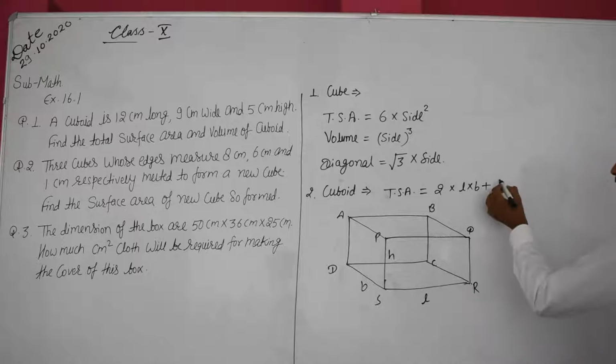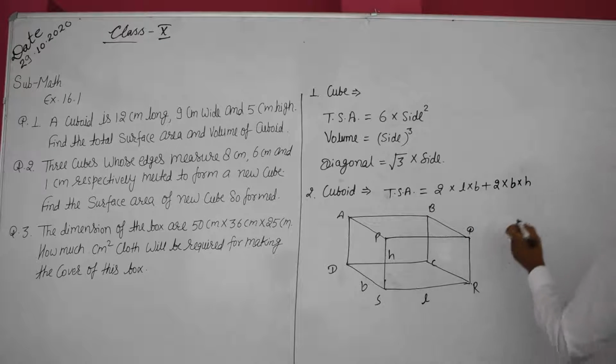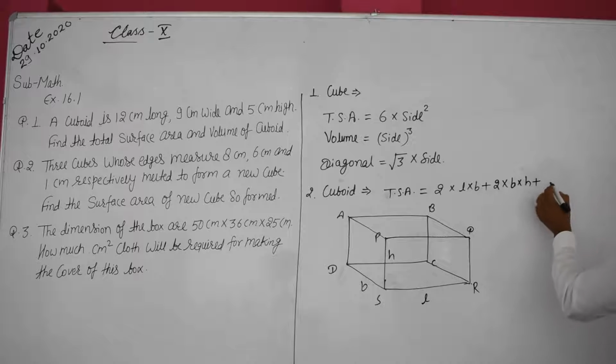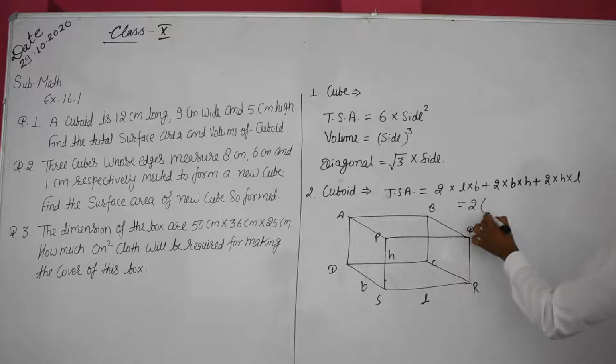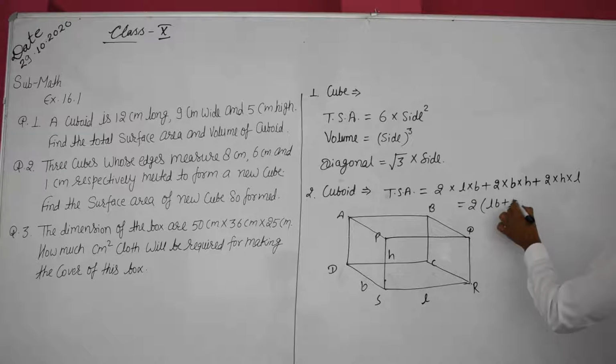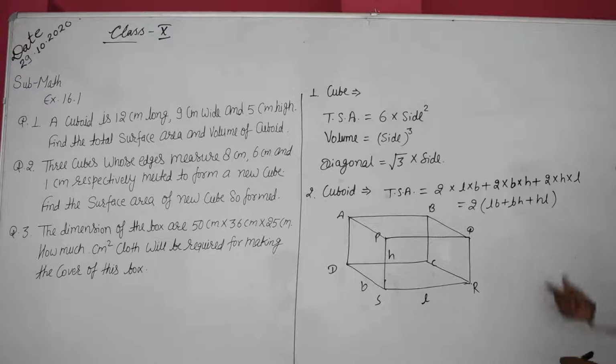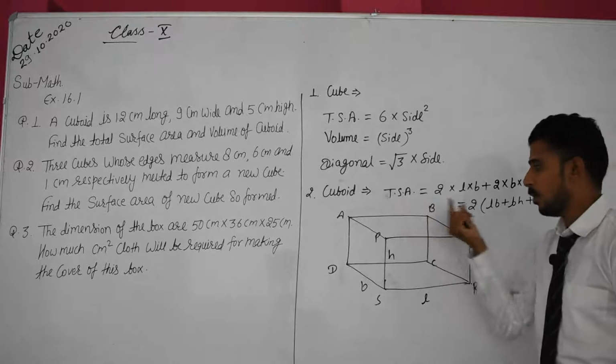Then area of side faces is equal to 2 multiplied by B into H, and the area of both back part and front part is equal to 2 multiplied by H into L. Here we can take 2 common, then LB plus BH plus HL. Okay, this is the formula of TSA of cuboid.